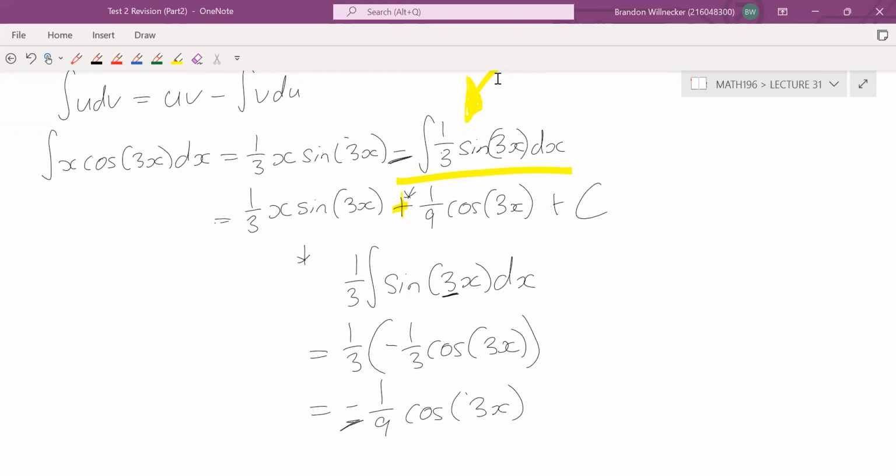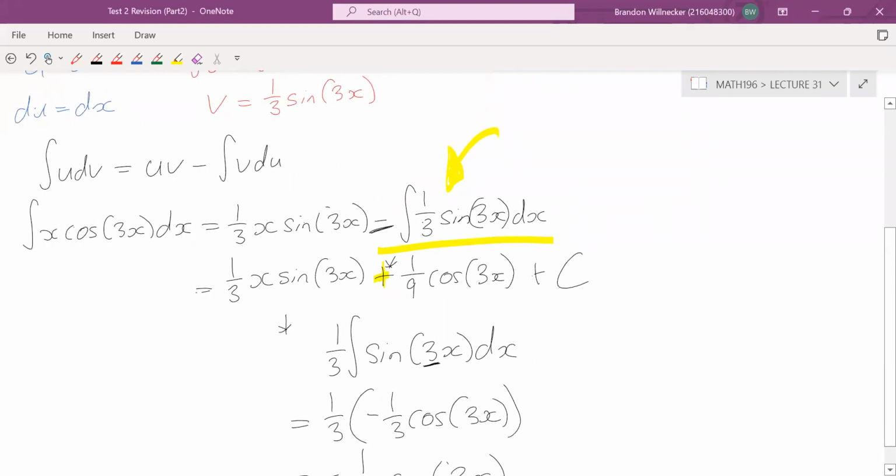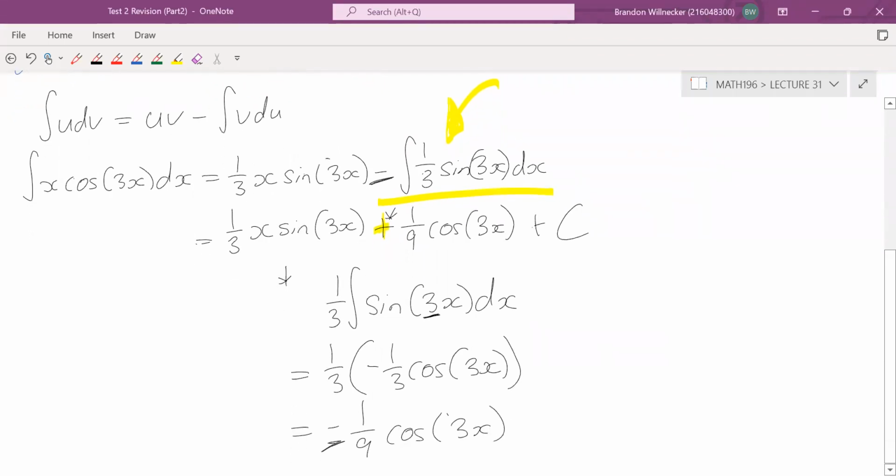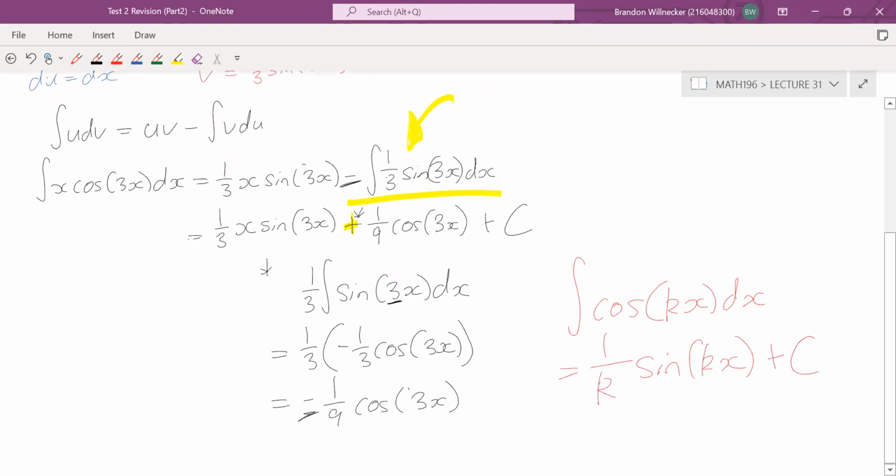Another person asking here, how did you get 1/3? That is because we've got cos 3x over here. So let me just put this in red. Remember, when you're integrating cos of, let's say, kx, then this becomes 1/k sine kx plus c.